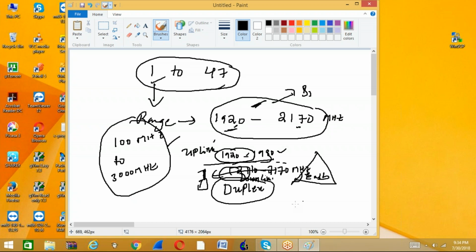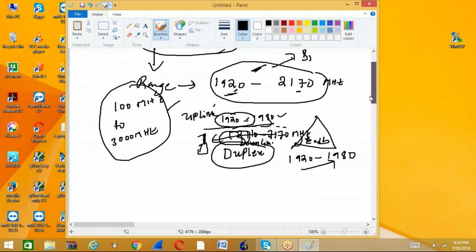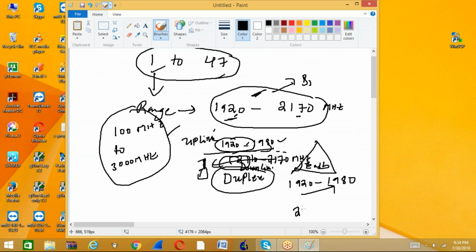There is some gap between them, and I'll tell you how it works out.